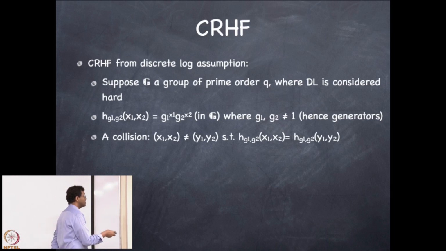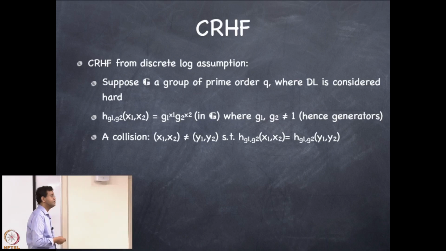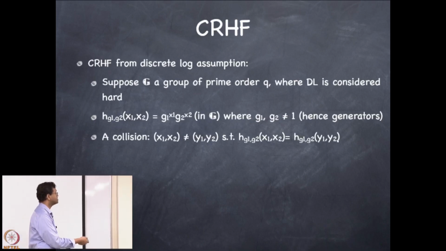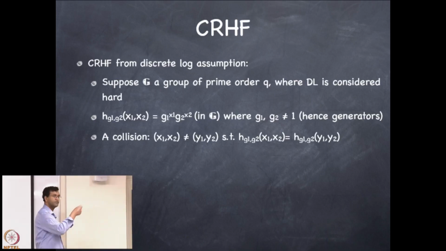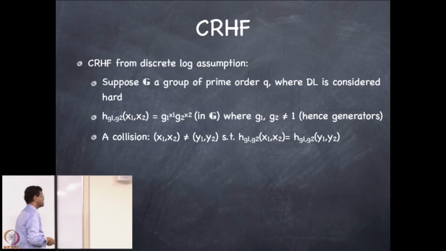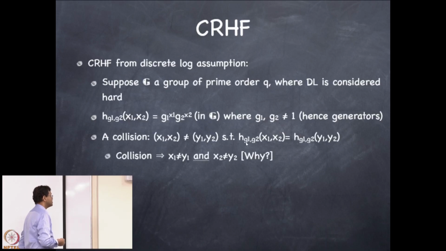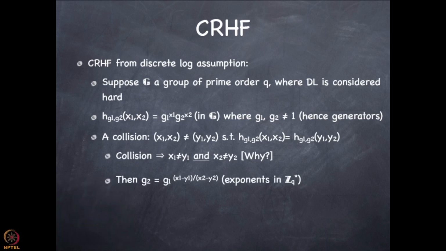So suppose x1 not equal to y1, well then you also get that x2 not equal to y2. Why? Because if x2 were equal to y2 and this holds, then x1 will have to be equal to y1. Okay? g1 to the power x1 will have to be equal to g1 to the power y1. In a group you can do cancellations. So you have both x1 not equal to y1 and x2 not equal to y2.